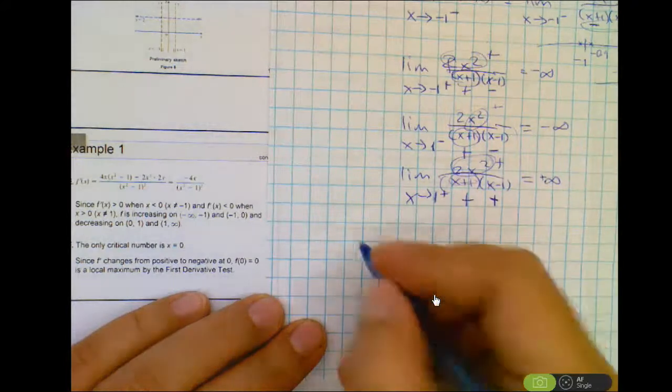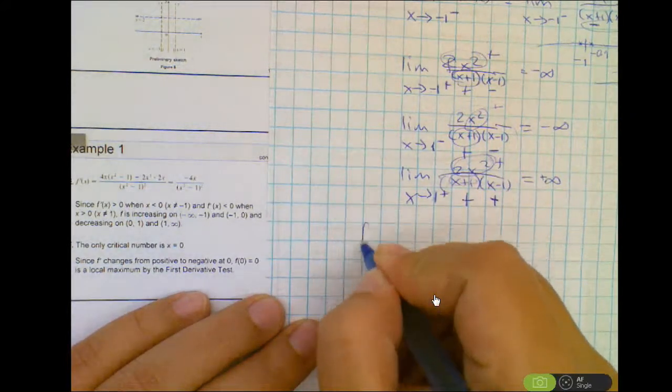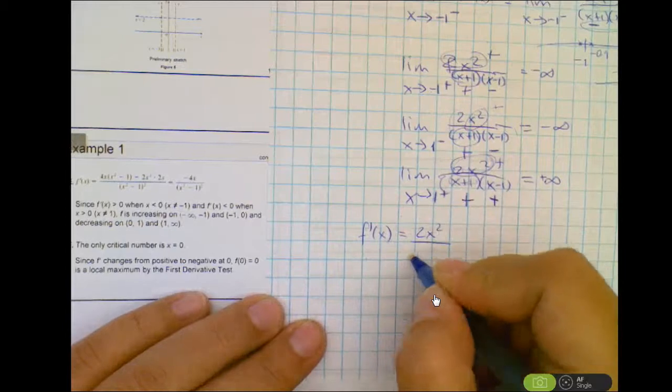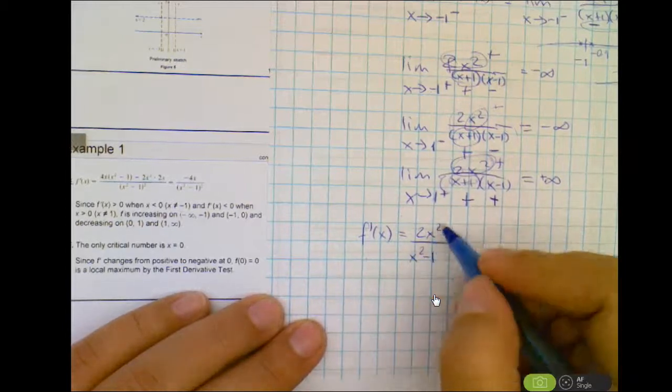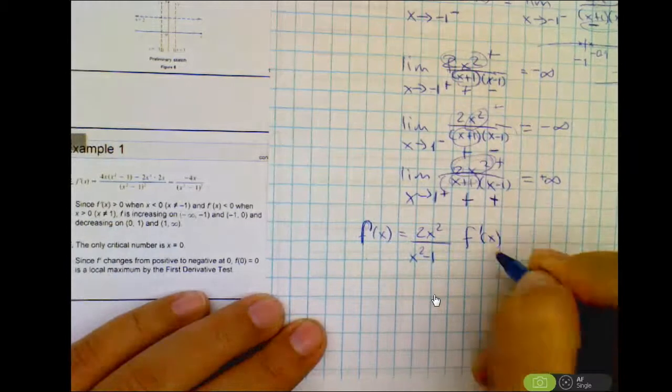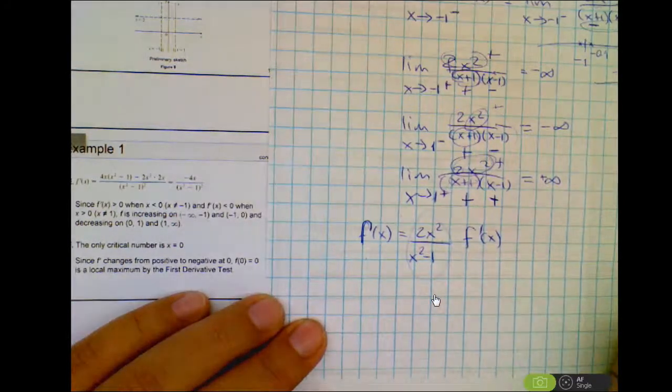So we're going to find the derivative. Now this is an exercise for you. If you have f equals 2x squared over x squared minus 1, you're finding f prime of x. This is quotient rule, not L'Hopital.